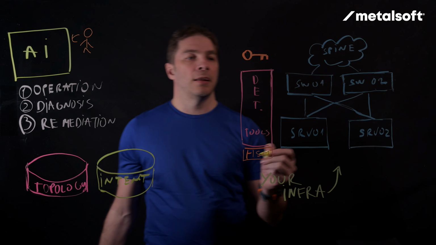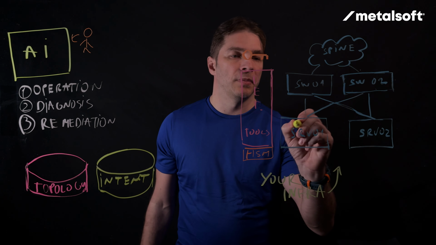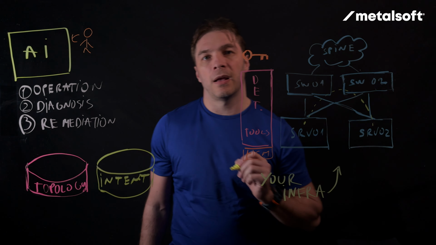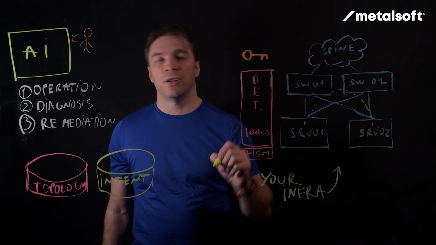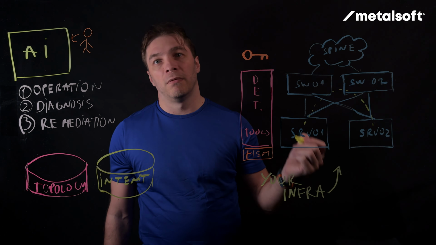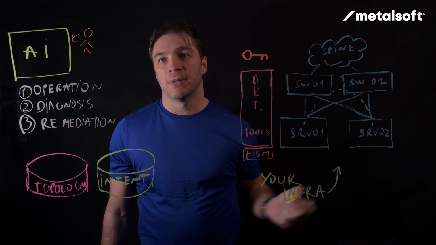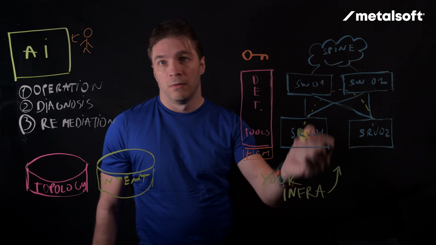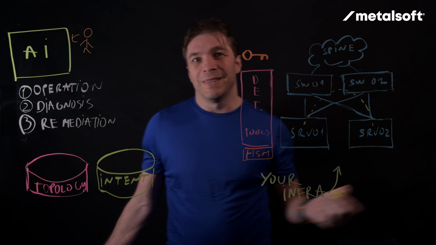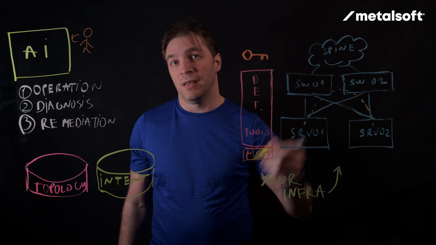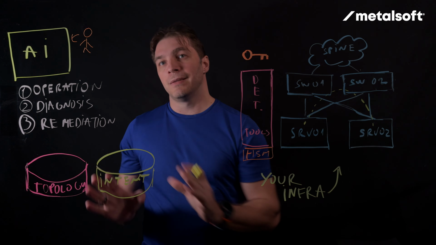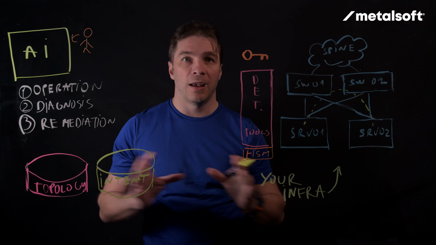And desired end state is something like, well, this guy has to be able to talk to this other guy here. They're part of the same application. They need to talk to each other, they have to be within the same subnet, so they have to have IPs from the same subnet, and they have to be part of the same layer 2 broadcast domain. So that is intent information. That's the desired end goal.